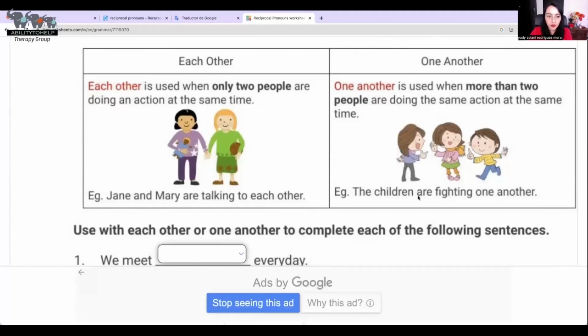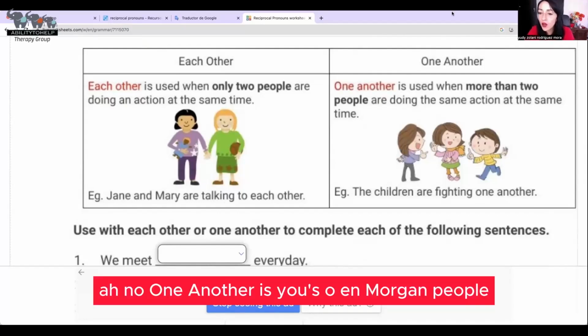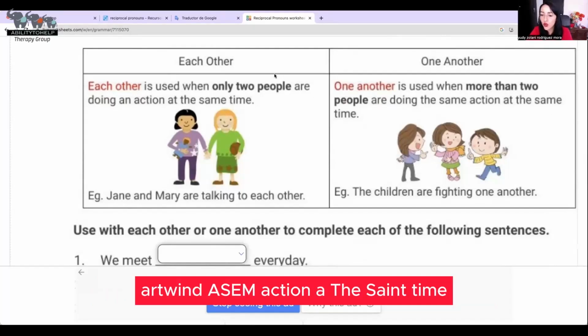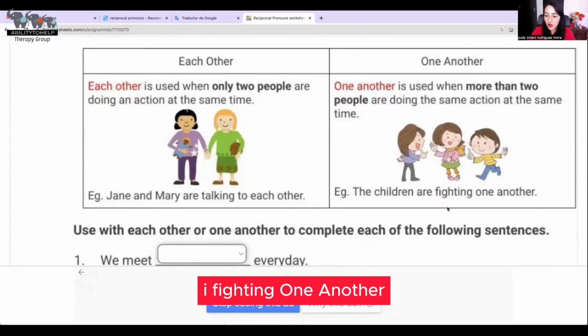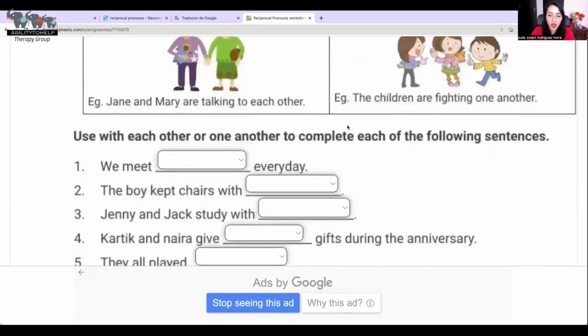So each other is used when only two people are doing an action at the same time in a reciprocal way. And one another is used when more than two people are doing the same action at the same time. For example, look at this. The children are fighting one another. Oh, it's not good.